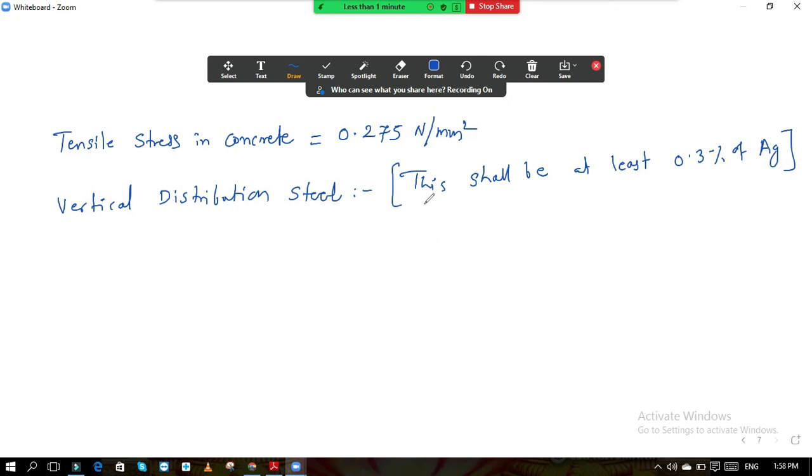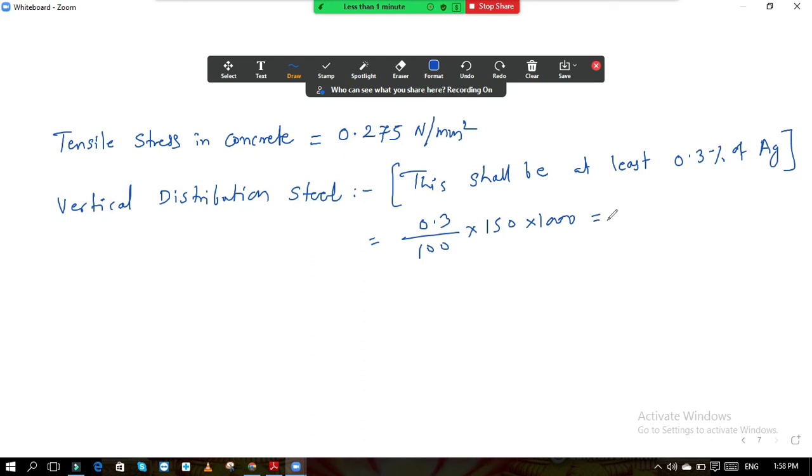So it is 0.3 divided by 100, into 150 into 1000. This is our area. So it works out to be how much?